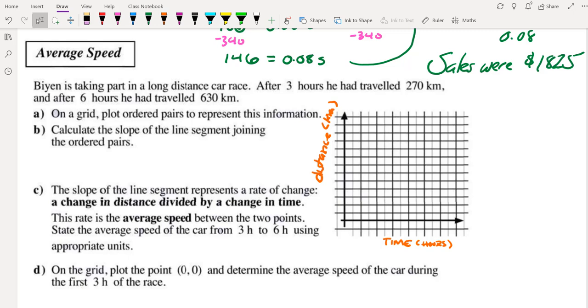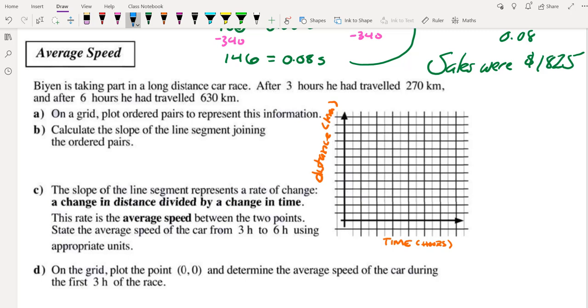Our next step is we're not given a spacing for our grid here. So we need to come up with a spacing. Our numbers go all the way up to 630. We need to count how many lines there are for distance to make sure all of our data can fit in.